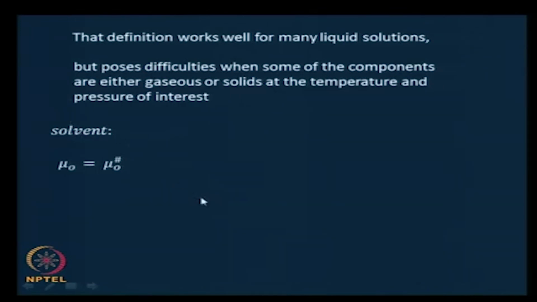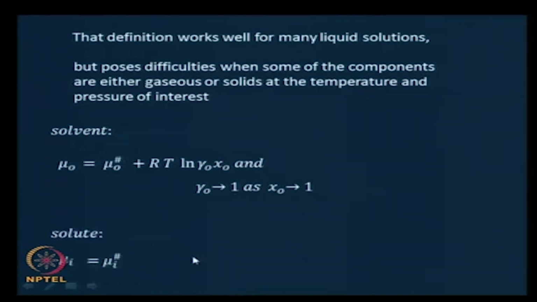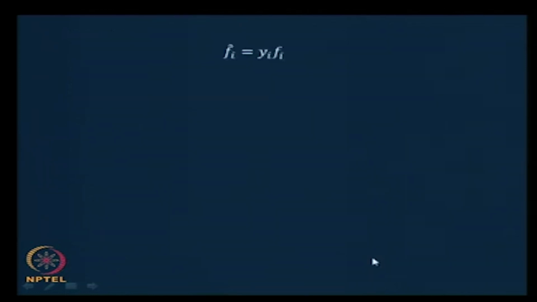If that is the case, then we need a special formulation, and that formulation was as follows: mu naught equals mu naught hash plus RT ln gamma naught x naught, and gamma naught tends to 1 as x naught tends to 1 for the solvent, and for the solute mu I equals mu I hash plus RT ln gamma I x I, and gamma I tends to 1 as x I tends to 0.